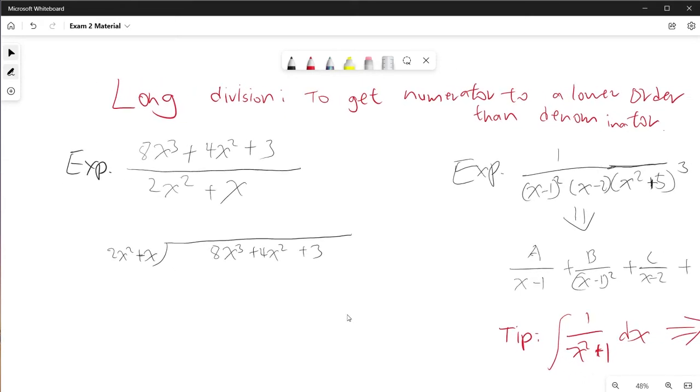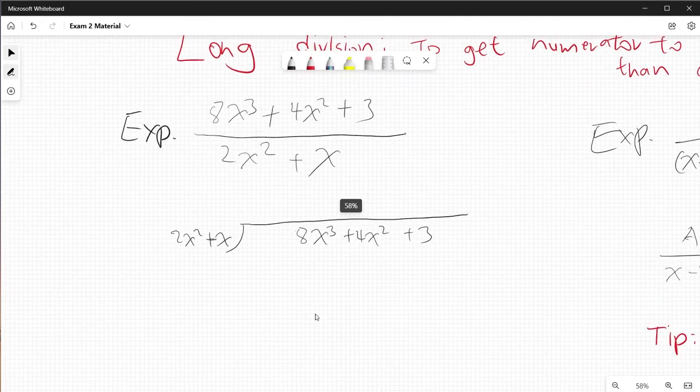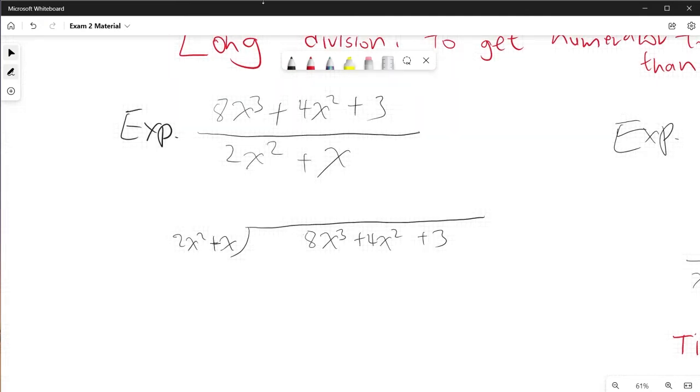to do partial fractions. The example here is a different example, but it still has a cube on top and a square in the denominator. So doing this is just like how you learned division when you were a third or fourth grader. We have the divisor, or I think that's what it's called, the denominator, on the left hand side, and then the numerator that you're dividing inside the division.